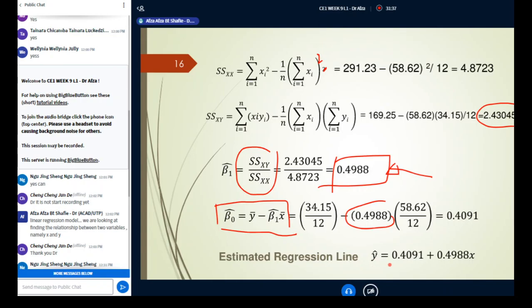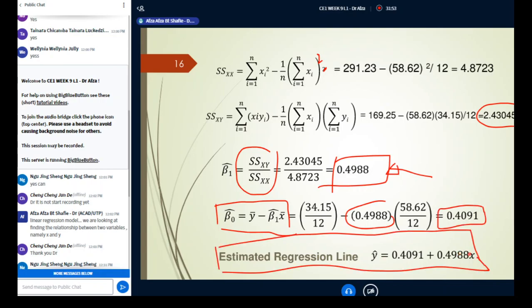And this means that if you hold the other values constant, your y will have an increase of 0.4988 for each unit of x, whatever the unit is, kilowatts or watts or whatever. So this is the equation that we are looking for based on the table that we got earlier.